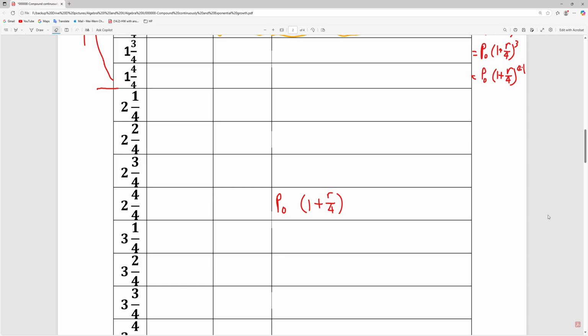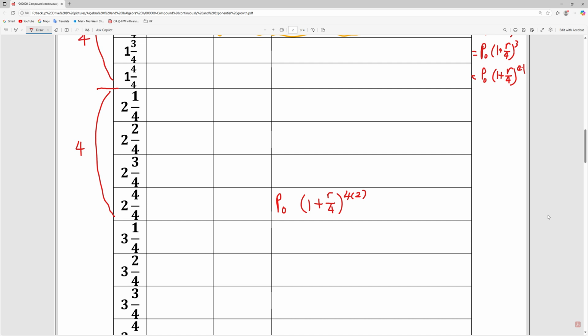Okay. So you have 2 years times 4, because in 2 years you compound 8 times, 4 times and 4 times. So this is 4 times, right?